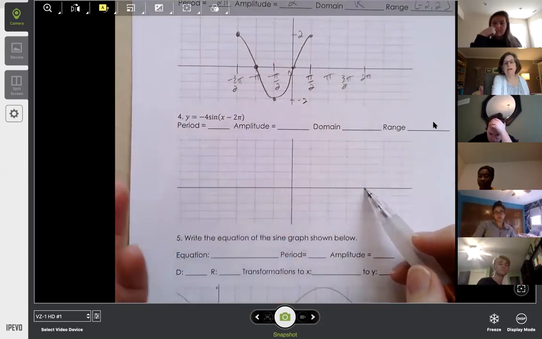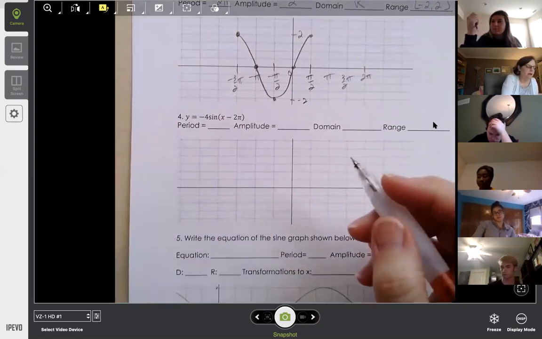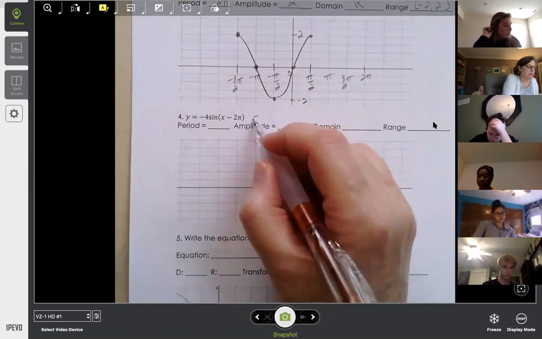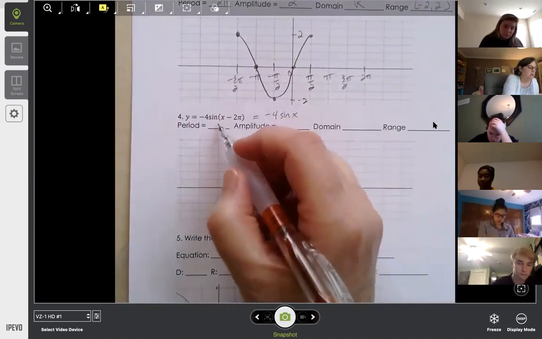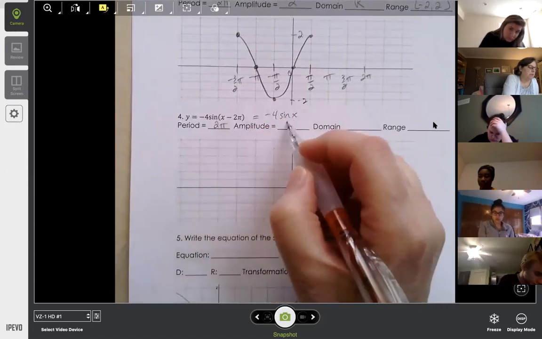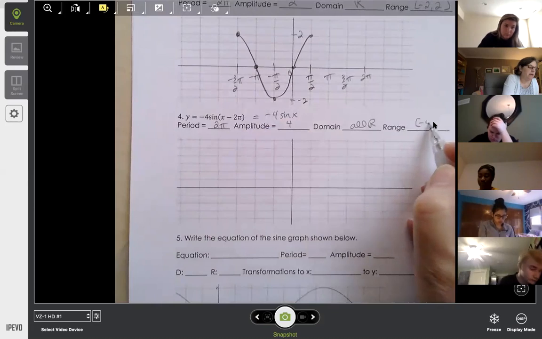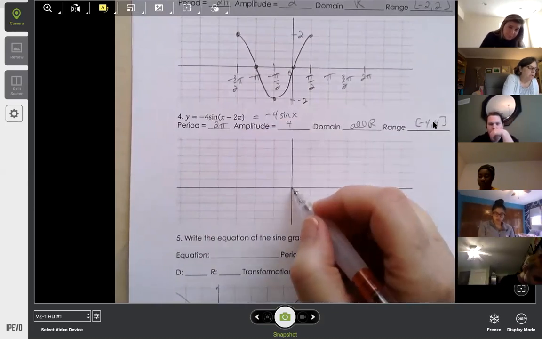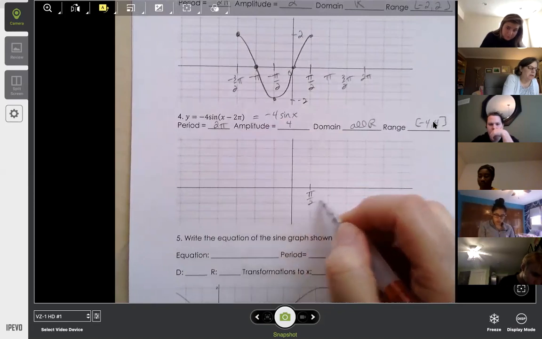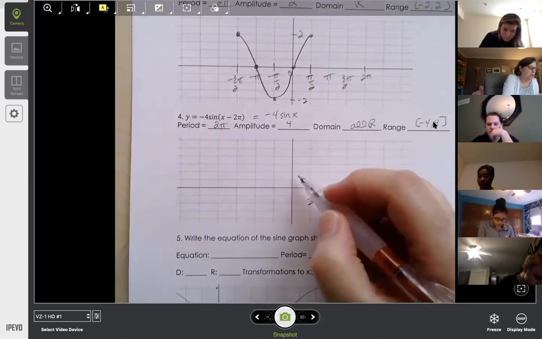We'd be starting a cycle at 2 pi. So you could just graph the normal one, to be honest. This will just be the same graph as -4 sine x. So period of 2 pi, amplitude of 4, domain all real, range between -4 and 4. So even though it moves, it's gonna look the same. And knowing that, you could choose to just show this.